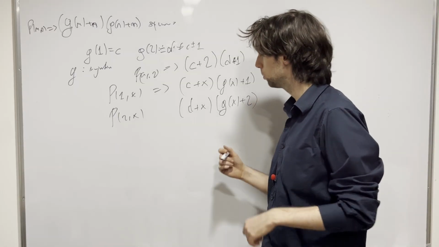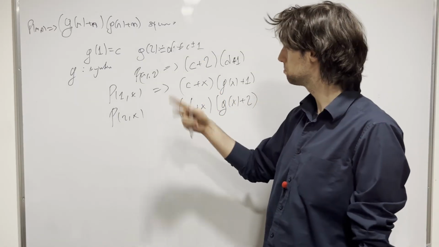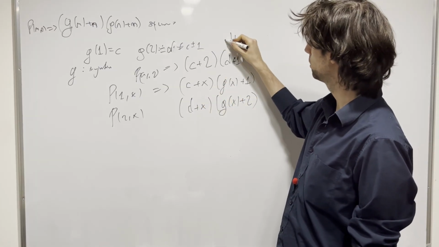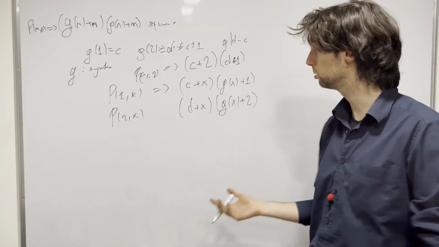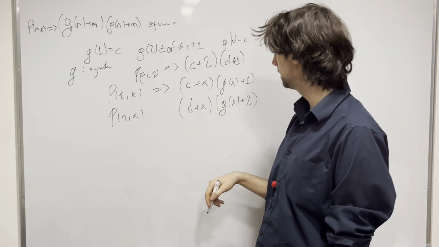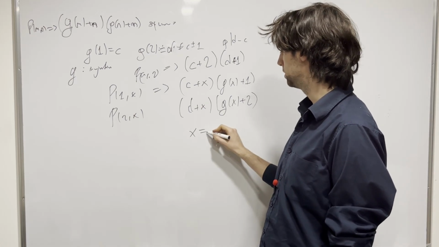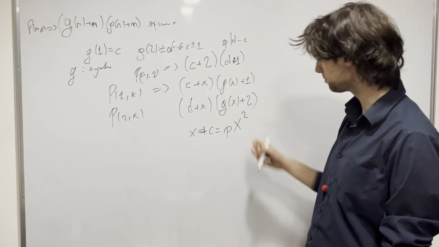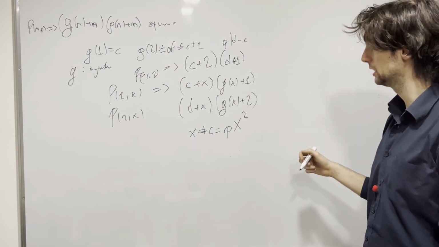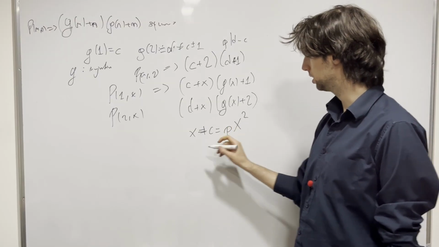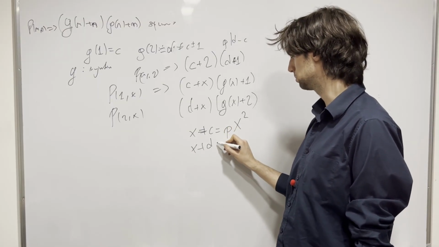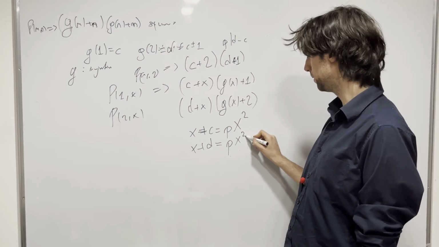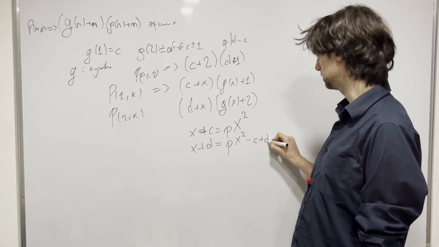Okay? Now, what are we going to see? In this case, d minus c is going to be divisible by some prime, so let's say it's divisible by this prime p. Then we set x plus c to be equal to p times some square. Let's see what we get: x plus d is going to equal p x squared minus c plus d.